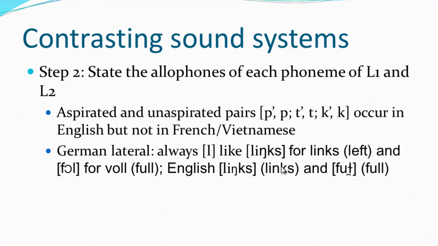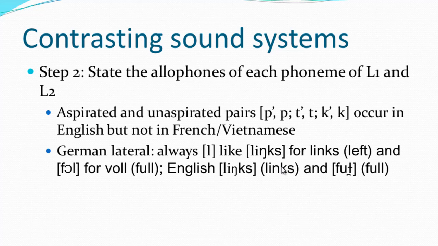Another example is the case of English and German. In German we have only one allophone of L. So L will be exactly the same in links, left and bow. This is a German word.